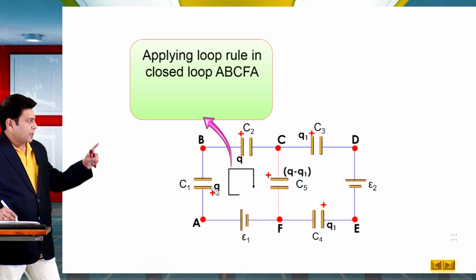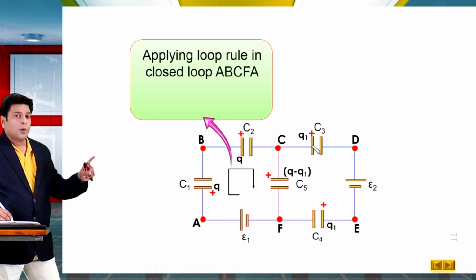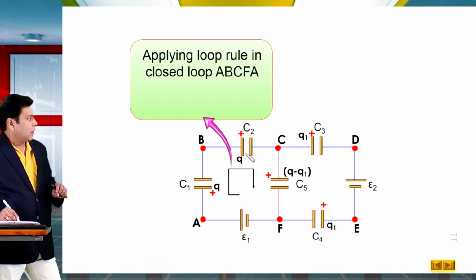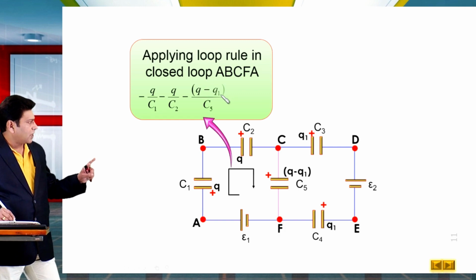What voltage drop here? Q divided by C1, and it should be with the negative sign. Now, let us move in this capacitor positive to negative. Similar way, we can write here Q divided by C2. Similar, positive to negative, we can write Q minus Q1 divided by C5.